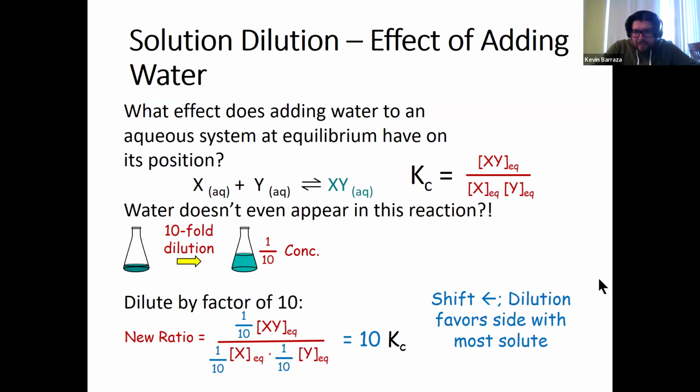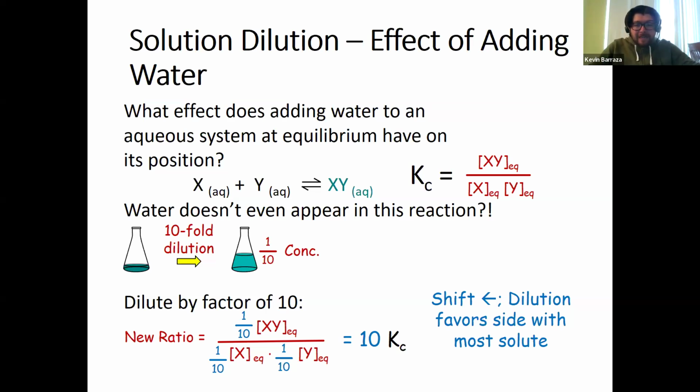And one way to think of it, and it's a perfect connection, so thank you, Santiago, for that mention, is we can think of it a lot like the gas situation. Dissolved solutes, if we add more water, we're giving them more room. Just like in the gas example, we made the container bigger, and the gas reaction wants to fill that extra space.